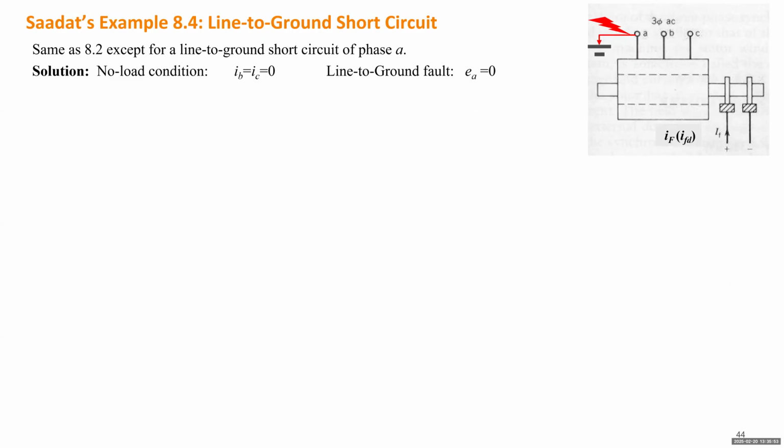Also, we consider no load condition, so the other phases will still have 0 current. For phase A, the voltage will drop to 0. Because this case is unbalanced, it may not be very beneficial to utilize power transformation.